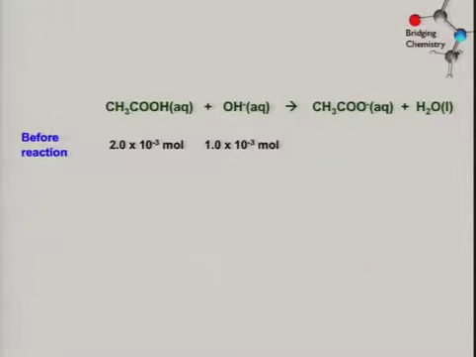Yeah? So we can consider that the amount of ethanoate is 0. It's actually going to be something like 1 times 10 to the minus 7. But like I say, very small number compared to the numbers we're talking about here.